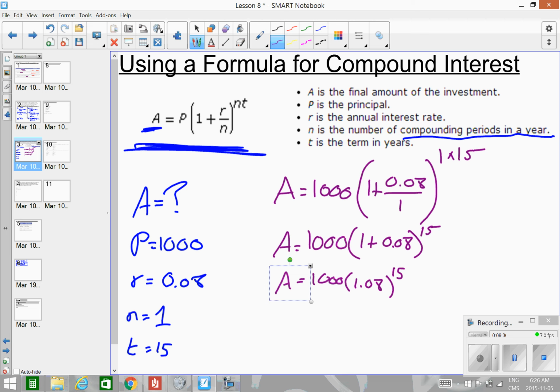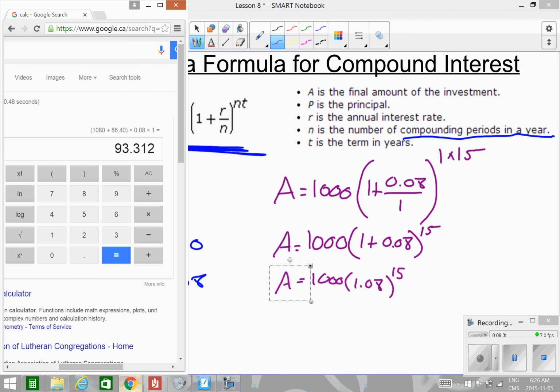Alright, now let's go to our calculator. So it's 1,000 times 1.08, and to do an exponent, you're often going to use this x to the y button, or there might be a button that looks like a little arrow. I'll draw it for you. There we go.